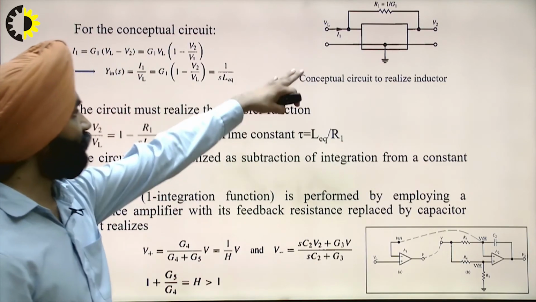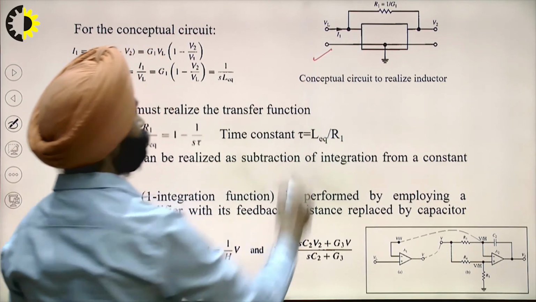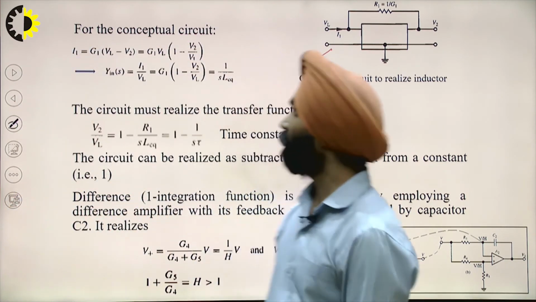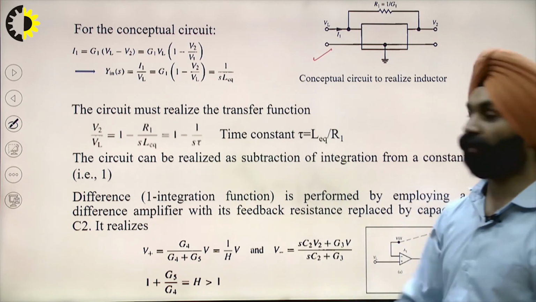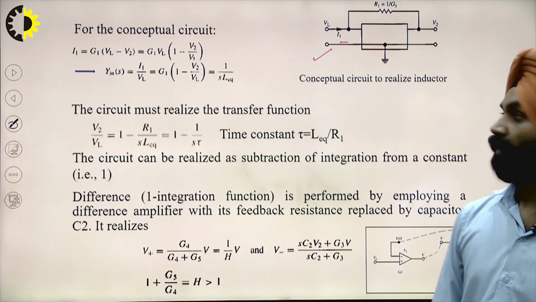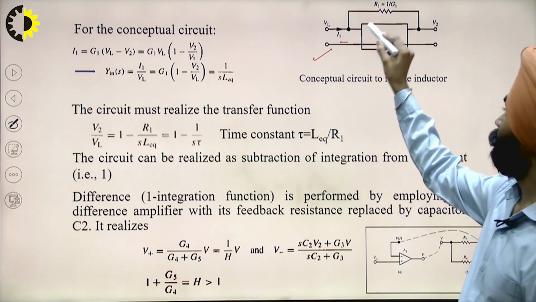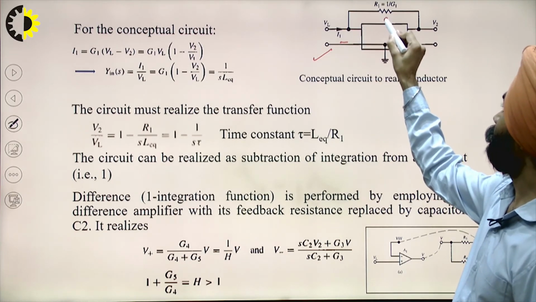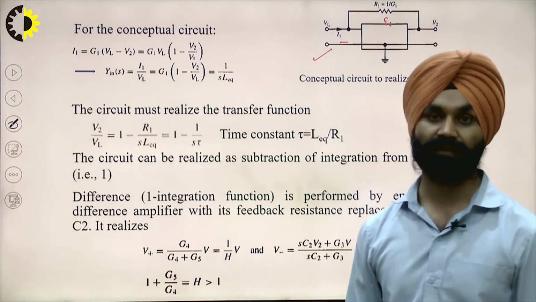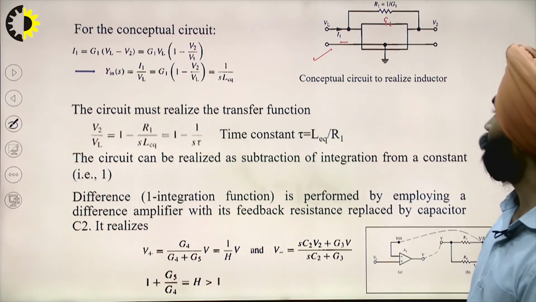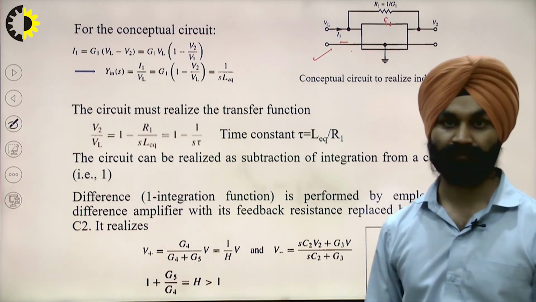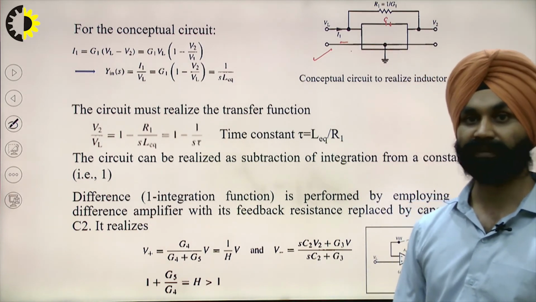So for this conceptualized circuit, if we take the impedances and the currents, the current I1 will be G1, which is the conductance of R1, into V_L minus V2, simply V is equal to IR.